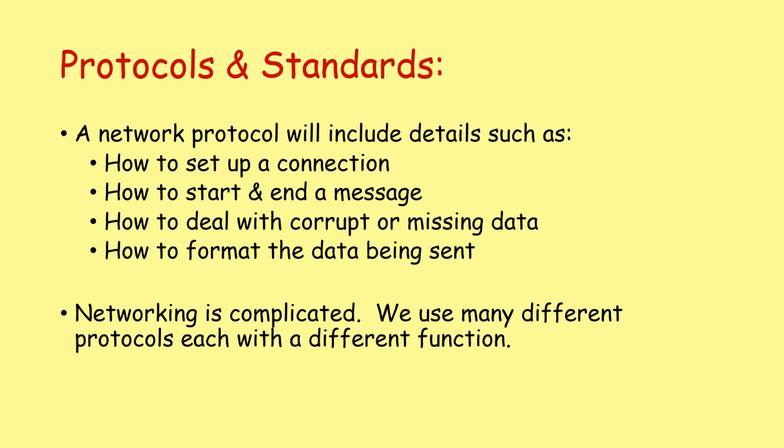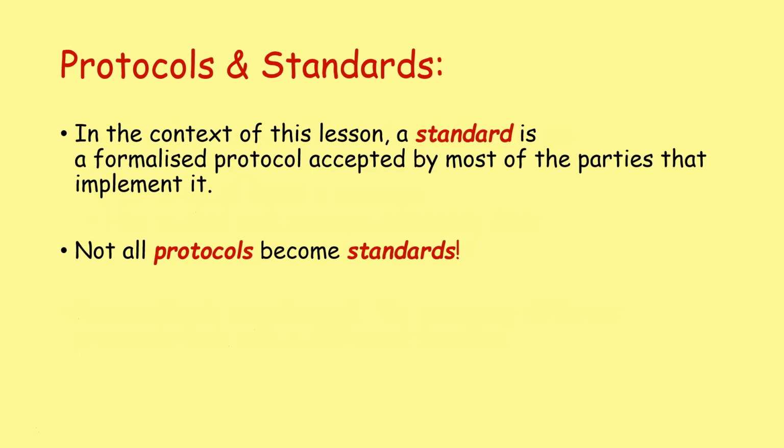Networking is complicated, really complicated. So we have to use many different protocols, each with a different function. In the context of this lesson, a standard is a formalized protocol accepted by most of the parties that implement it. But remember, not all protocols become standards.